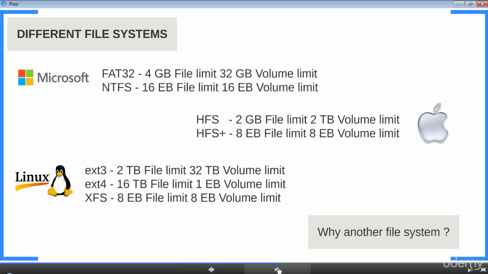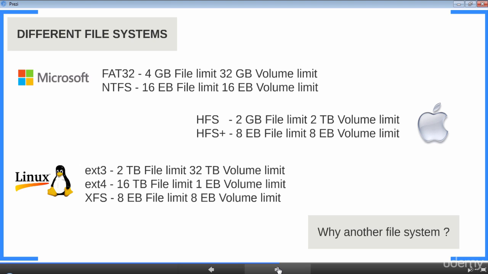And it supports 16 exabyte file and volume limit. 16 exabyte, that is a very huge number, right? Which is 1024 petabyte. So NTFS can clearly support huge volume of data. Starting Windows Server 2012, Windows introduced ReFS, Resilient File System.